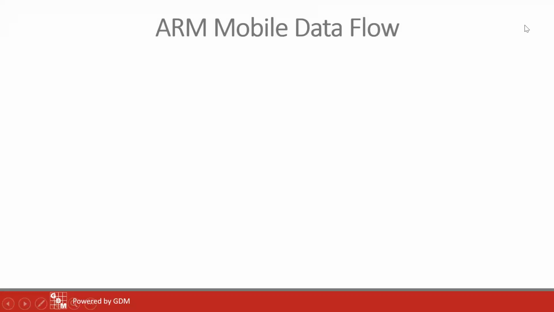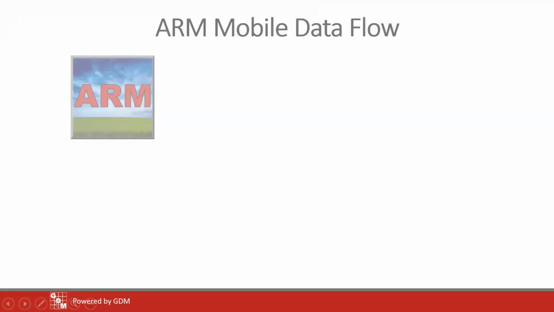So taking a look at the workflow with ARM Mobile, the first component, we really start with ARM software and we call it the base information. That's primarily your favorites lists from ARM that are related to data entry. So things like your standard evaluations, the assessed by, which becomes your list of ARM Mobile users, crop and pests that are commonly used, and those assessment related lists like part rated, your measurement units, things like that.